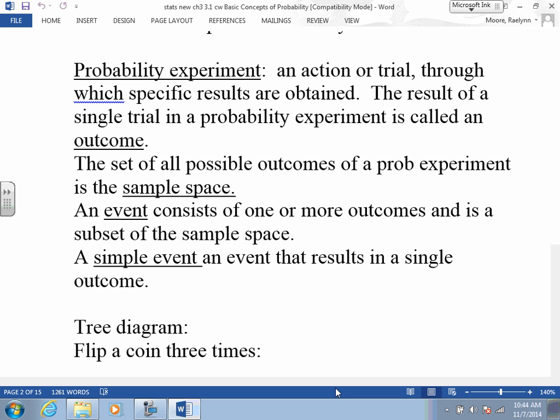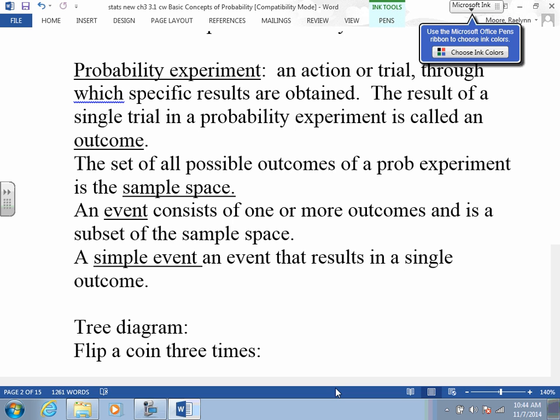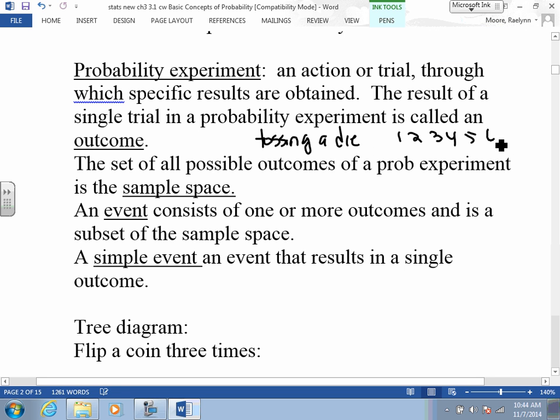Now, your sample space, say I am tossing a die. How many sides does a die have on it? 6, yeah, your standard die. It has 6 sides. If I say how many outcomes there are, how many possible things can happen, how many possible outcomes are there? 6 possible outcomes, right?